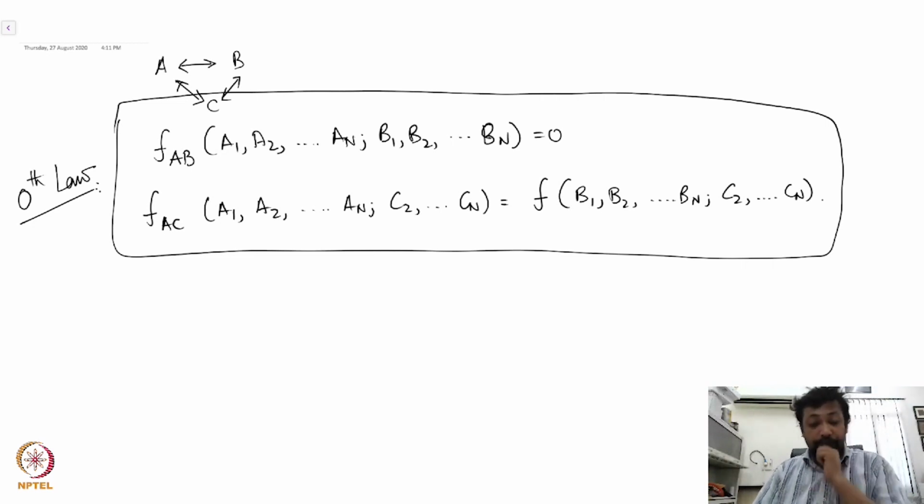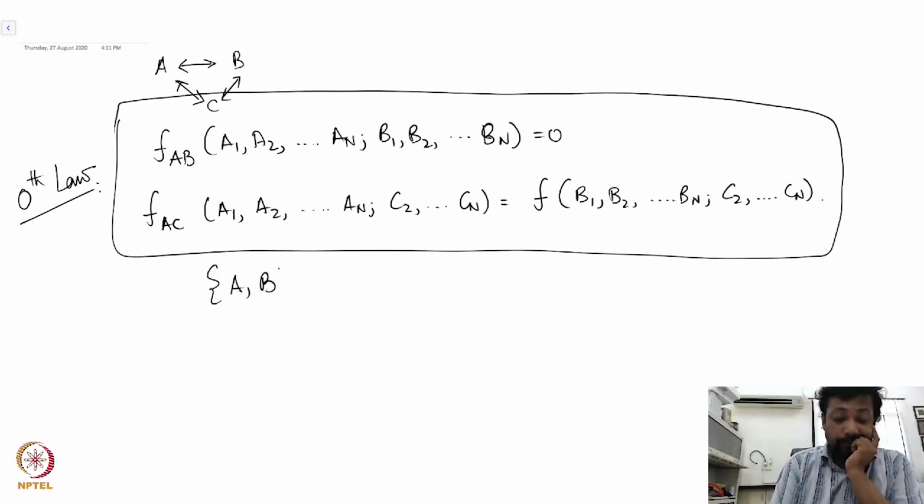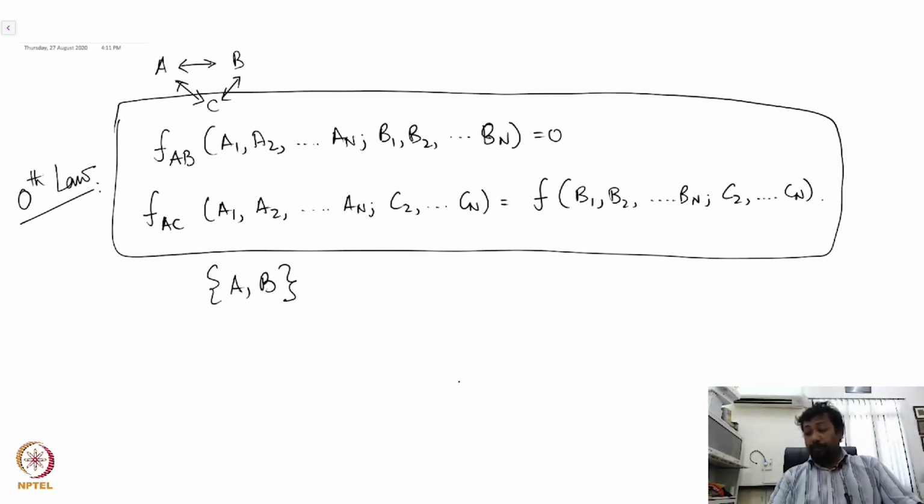But now, if I look at the second equation, then I can choose any set of parameters in A and B. If I look at the top equation, I can choose any set of parameters A and B and substitute this in 1.